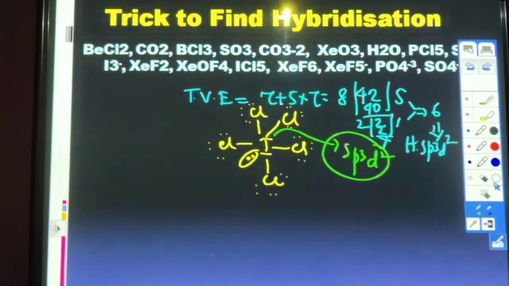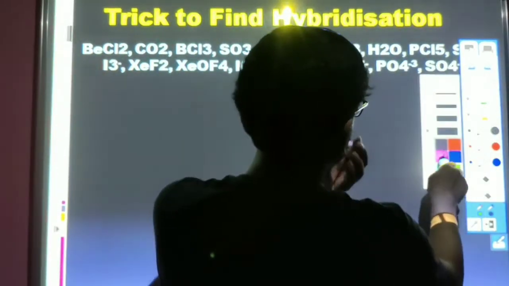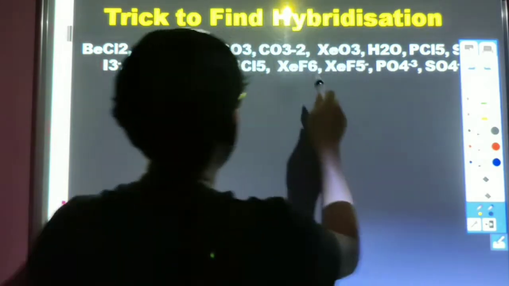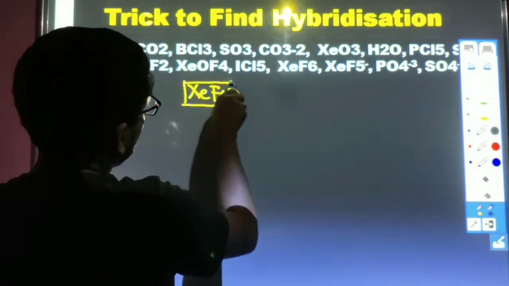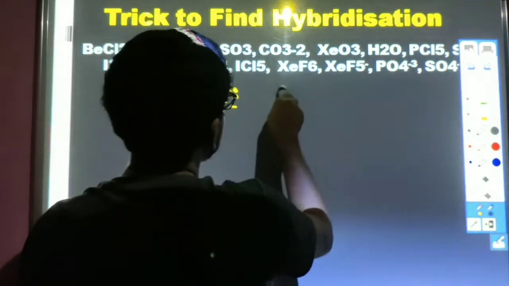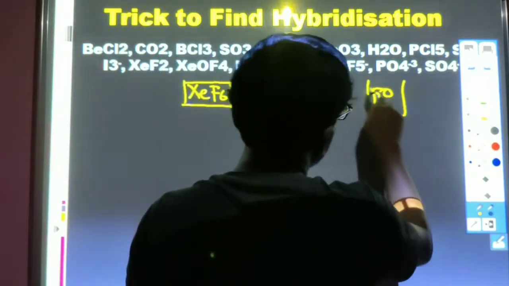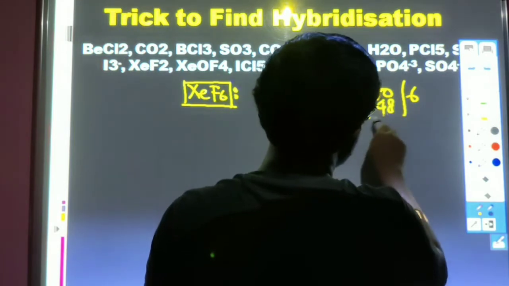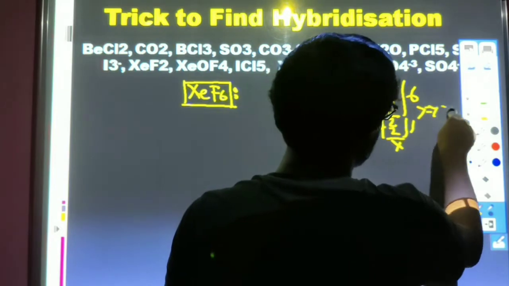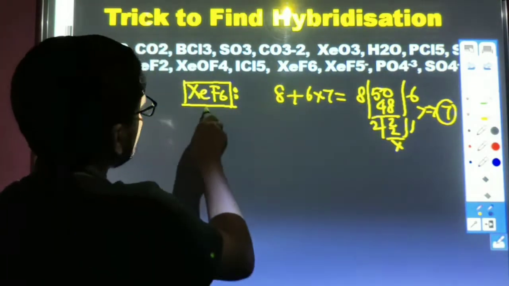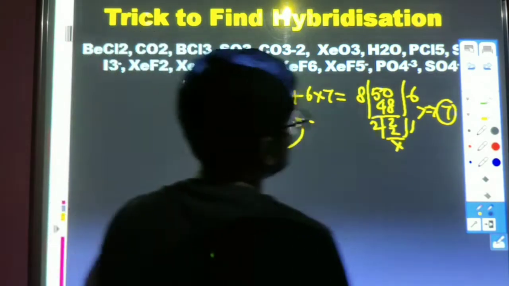Now XeF6. What will be the hybridization in XeF6? For XeF6, 8 plus 6 multiplied by 7 will give you 50. 6 eights are 48, remainder 2, 1 pair. So 6 plus 1 is 7.